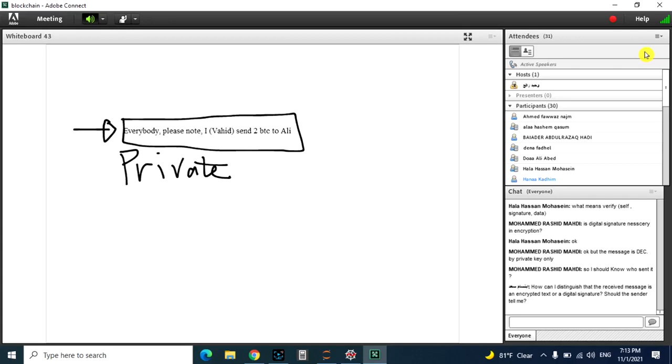How? Because all other persons have my public key. Using my public key they can decrypt this message and see this. And this proves that the only person who has my private key is myself, nobody else. This is a digital signature.